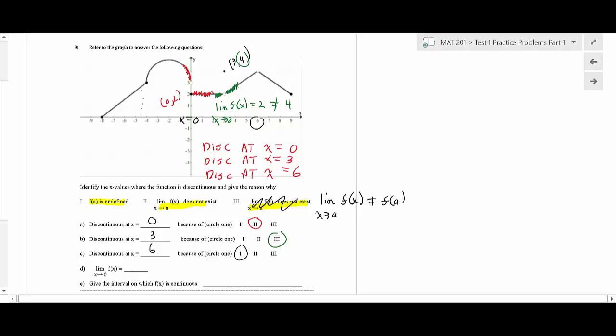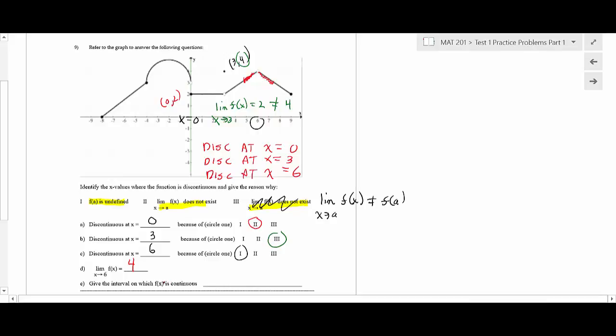And then the last thing we're looking at on this one is the two-sided limit, if I erase my little drawings there. If we're looking at the limit as x goes to 6, right here, your left-hand limit is approaching 4. Your right-hand limit is also approaching a y value of 4, so the value of that limit is 4.